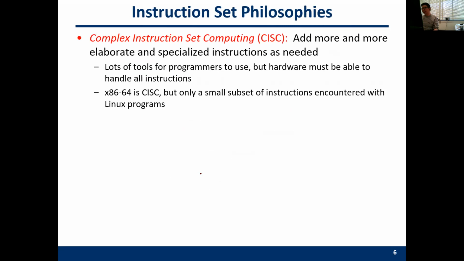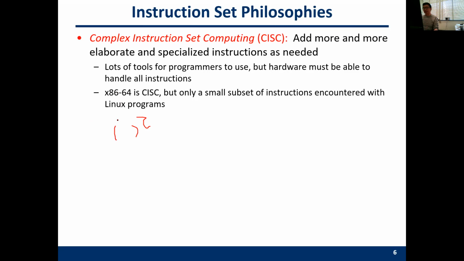So there are two types of instruction set. One is the so-called complex instruction set. The other one is the reduced instruction set. The complex instruction set is built upon the philosophy that each operation needs a single instruction. So you may have a very powerful instruction like the square function.